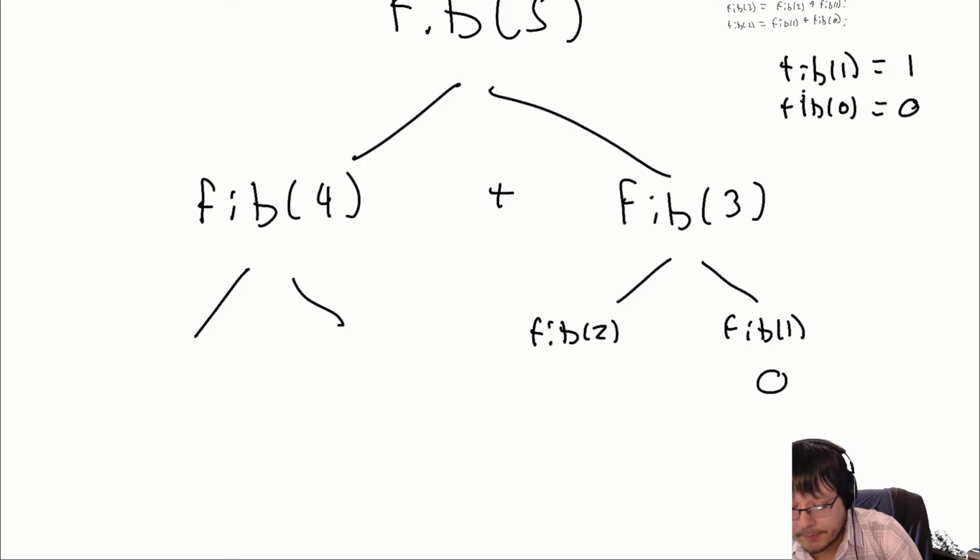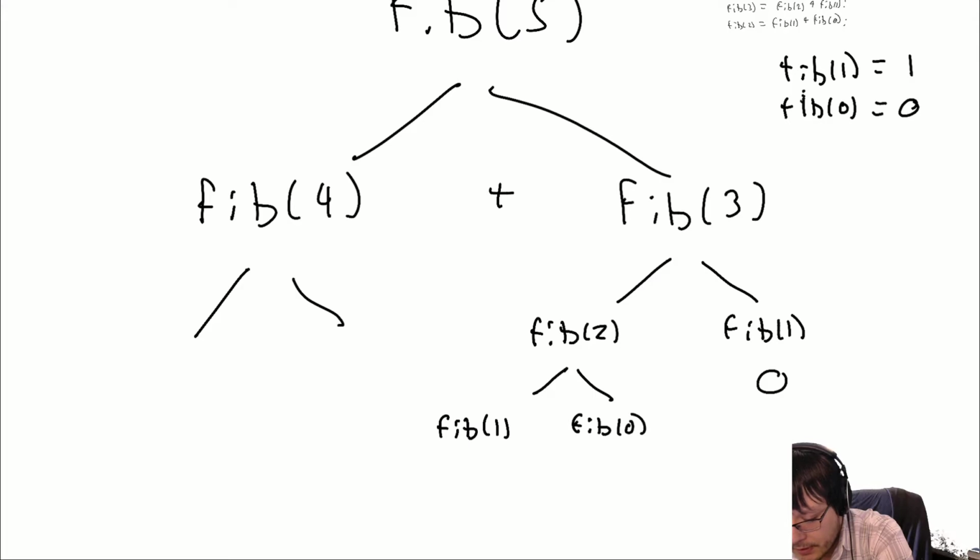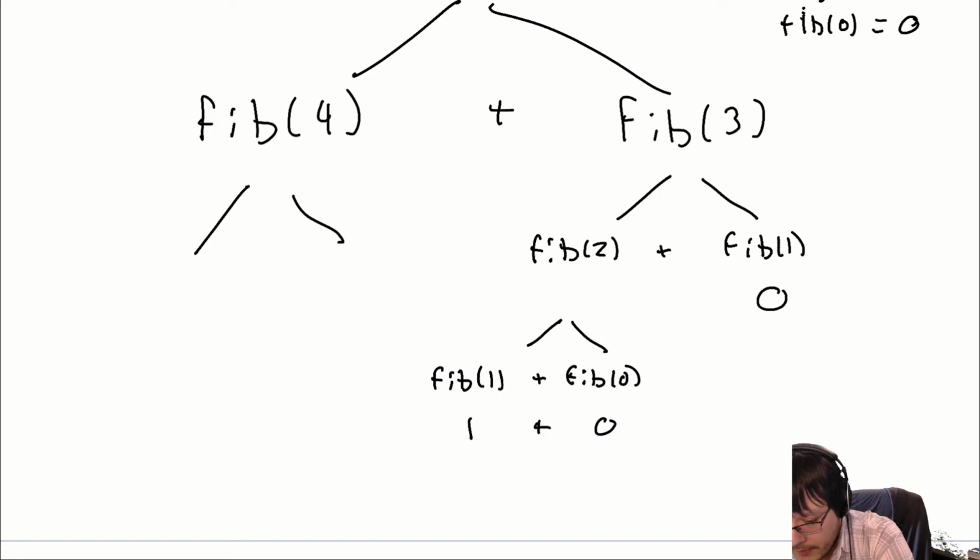Over here, however, 2 we don't know the answer to, so we have to do this in terms of the recursive call: Fibonacci 1 and Fibonacci 0, which we know are equal to 1 and 0. Because this is 1 plus 0, Fibonacci 2 is equal to just 1.